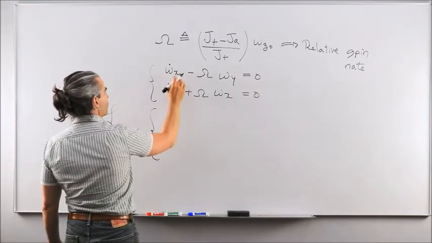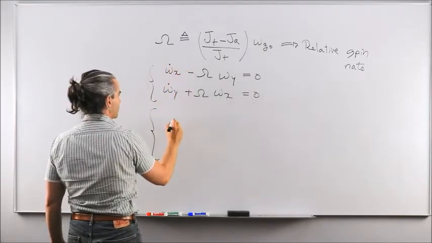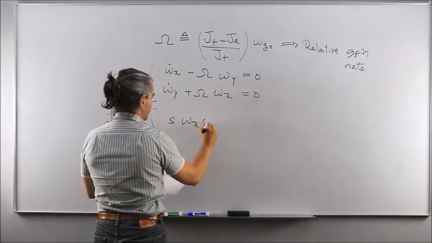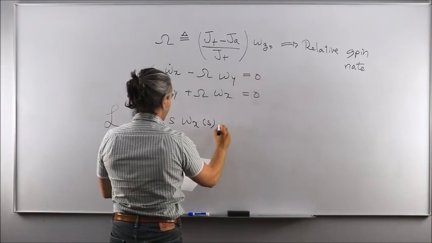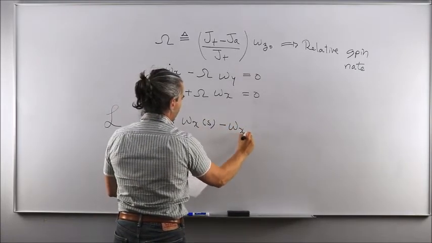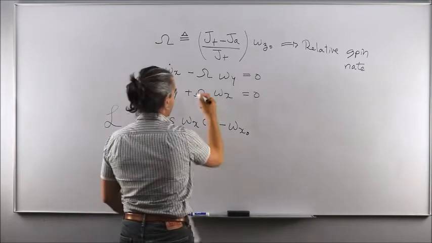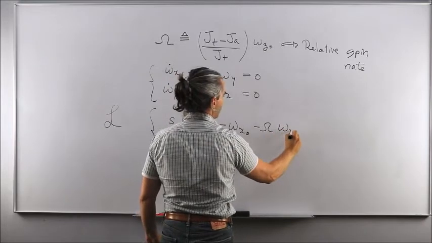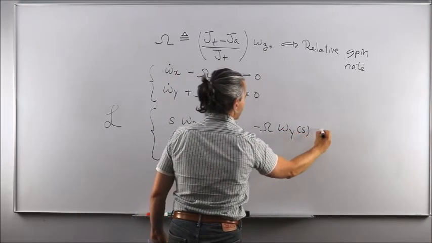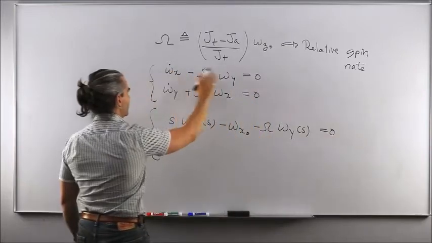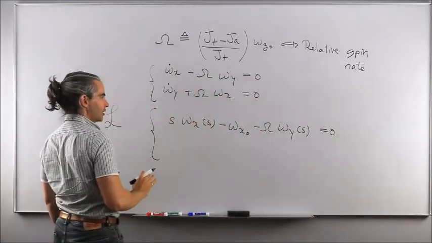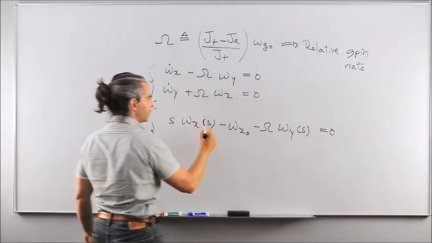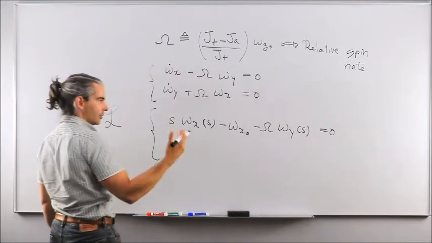And the Laplace transform of this, without forgetting the initial conditions, would turn out to be s times omega x in the Laplace domain minus the initial conditions on this variable, then minus the relative spin rate that multiplies omega y, but specifically in the s domain, right? That was in the time domain. Now this becomes in the s domain, and that's why I'm explicitly specifying that the dynamical variables of interest are function of s and not function of time.